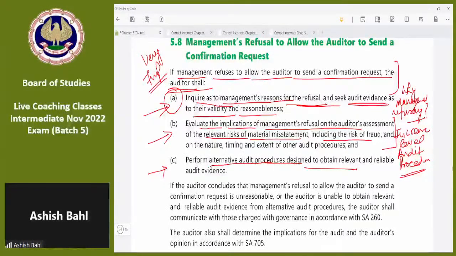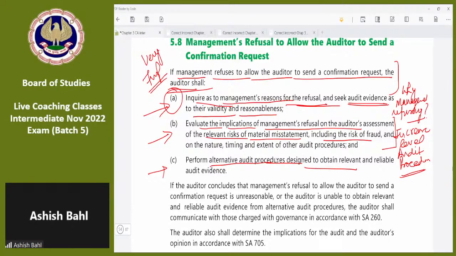Say if I am not able to get an external confirmation, then I might tell the management that you are showing this balance of debtors in the debtor statement given to your bankers every month. So give me a copy of that statement submitted to the bank.